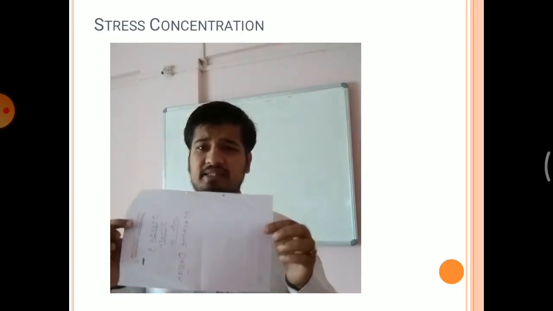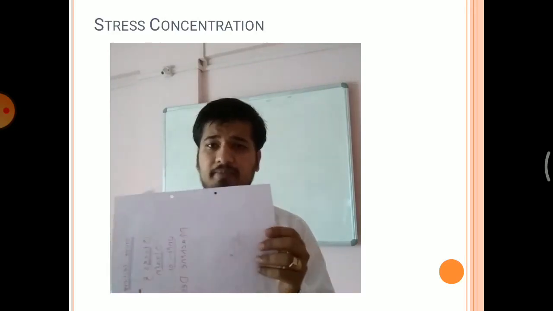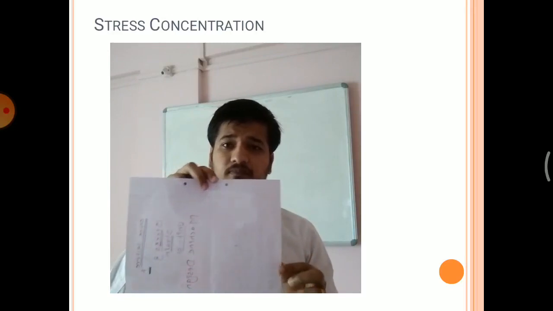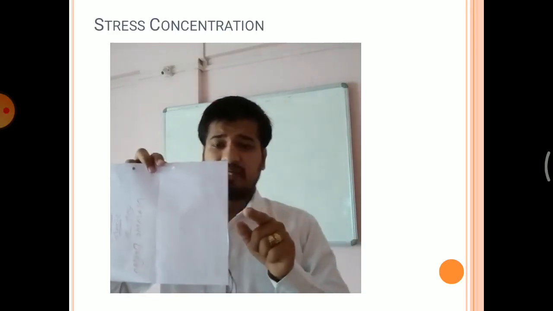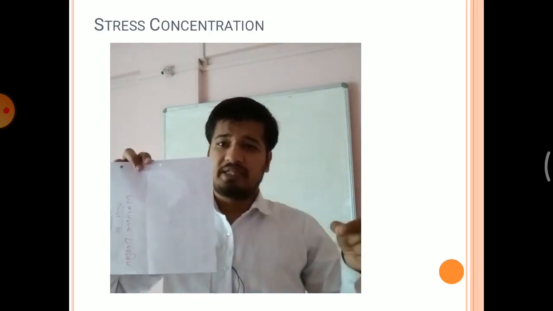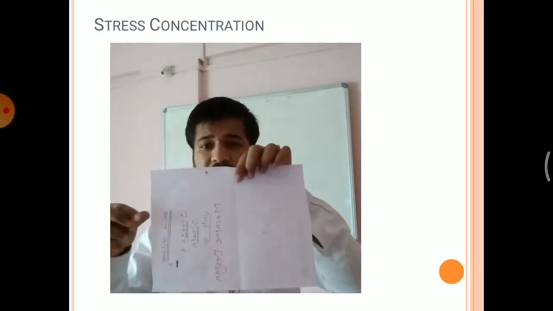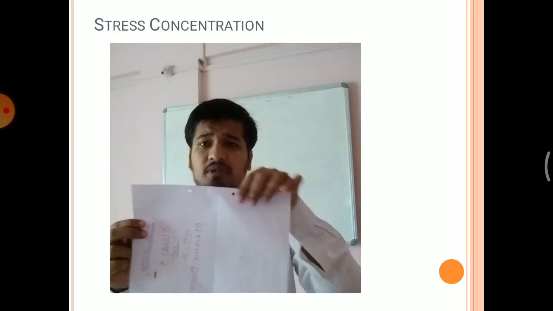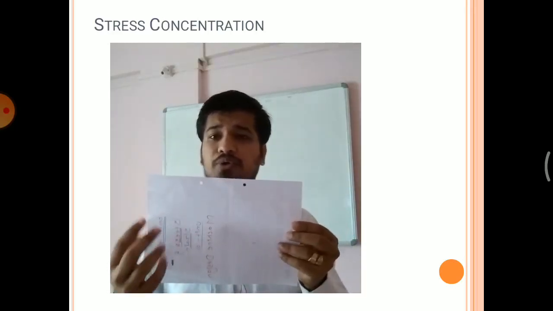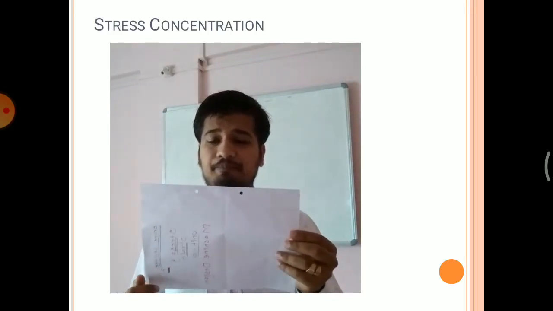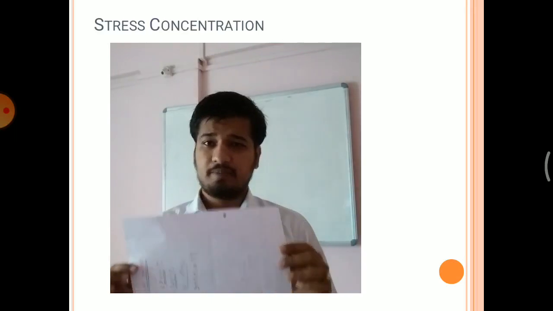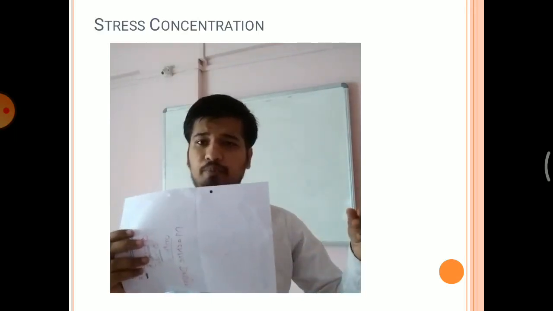Consider this is a metal rod and it has some thickness. When we apply external force at its ends in a pull direction at both ends, due to that load, some stresses are going to be produced inside the material, and those stresses are tensile stresses, because the force is in the pull direction.